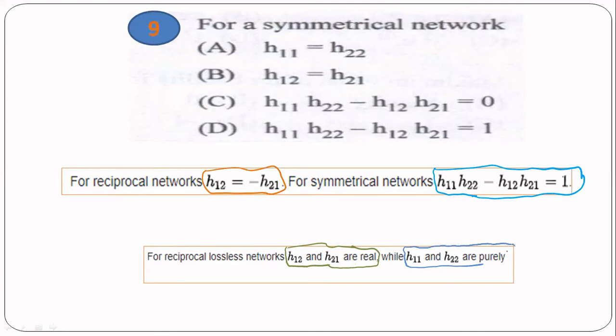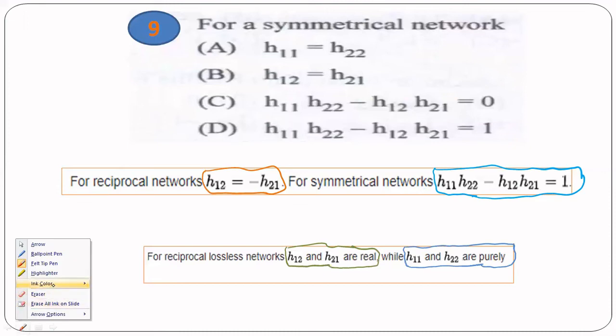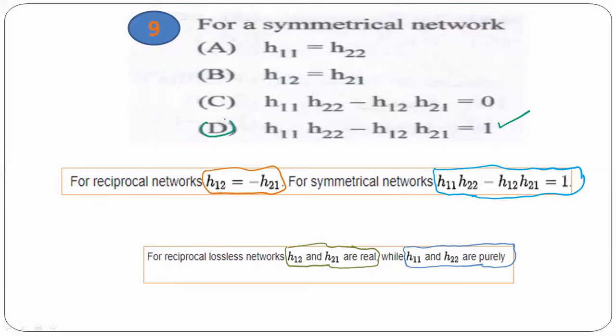So H12 and H21 are real, and H11 and H22 are purely imaginary. Now, with this explanation, we can mark the behavior of a circuit for a symmetrical network. It will be option D, which is H11 H22 minus H12 H21 equal to 1.